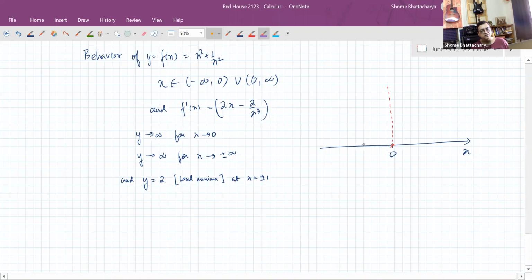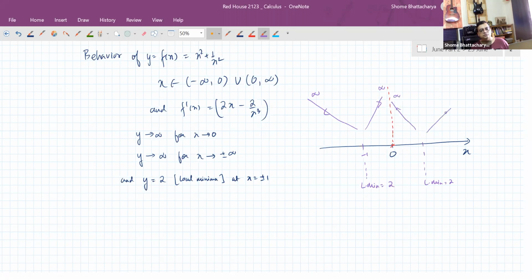But other than that, the significant points are minus 1 and 1, where there is a local minima equal to 2. And then the function is increasing, going towards infinity, increasing, going towards infinity, like this.